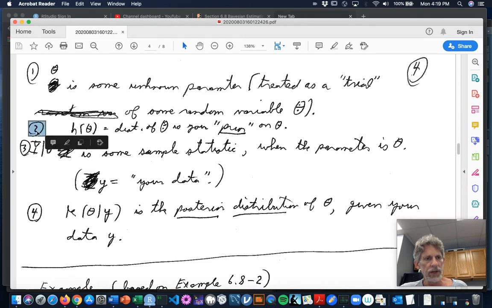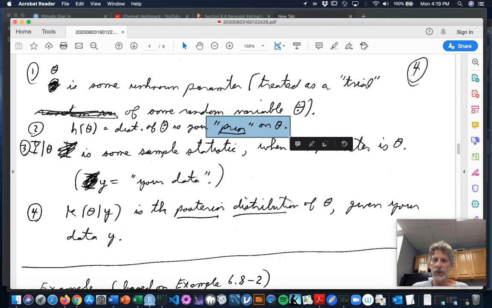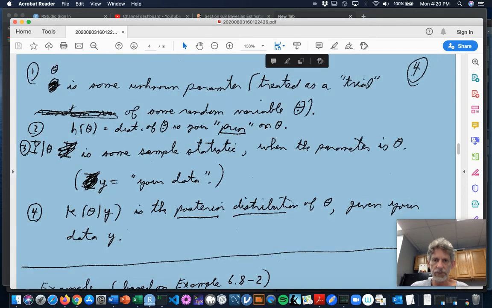Point two, the distribution of capital theta. You could give it with a PMF if capital theta is discrete. You could give it with a PDF if capital theta were continuous. But that distribution is called your prior distribution of capital theta. It's your prior on theta. Before you've got any evidence at hand, it's your estimate of the chances for capital theta to turn out to be various things.